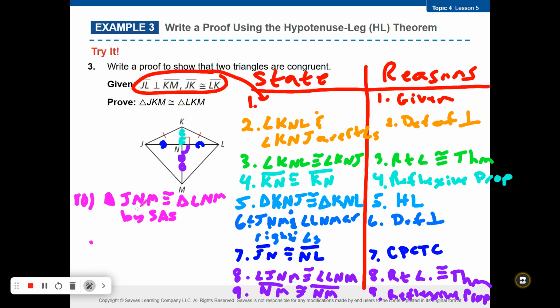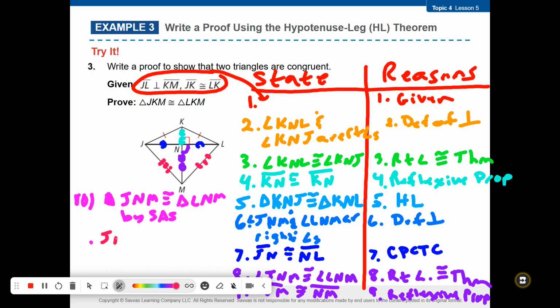And now we can state without a doubt that all of these parts are congruent. We can pick what we want, right? So now, if those two triangles are congruent, let's state that this is congruent to this by CPCTC.